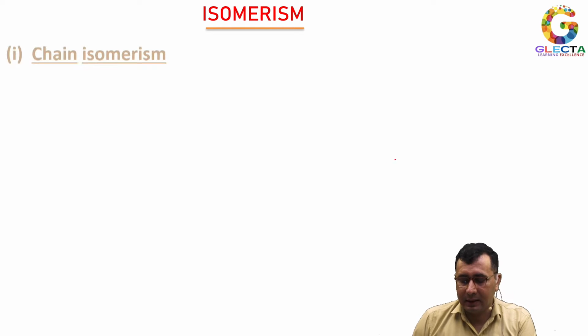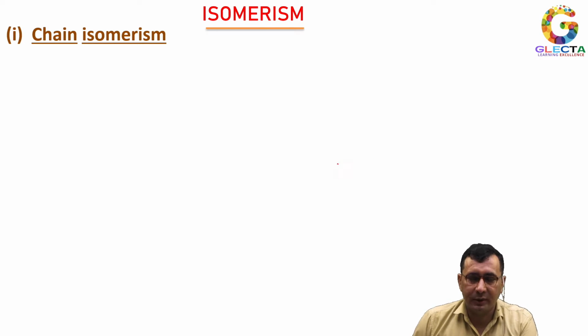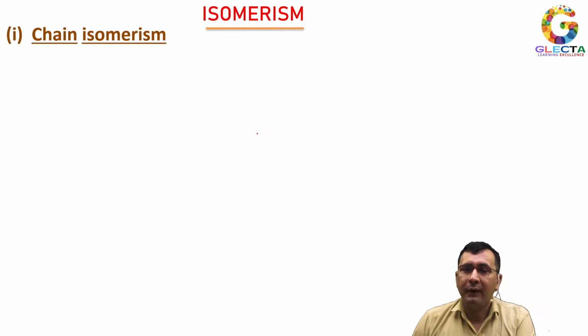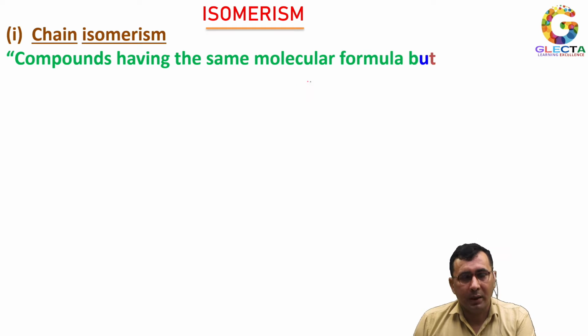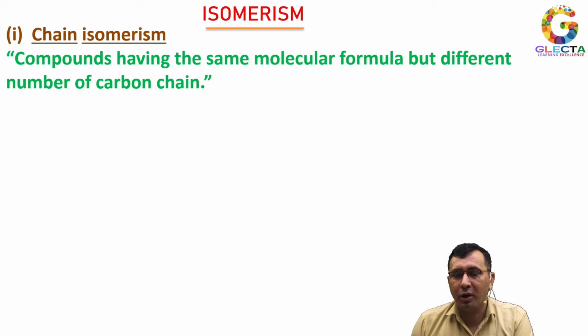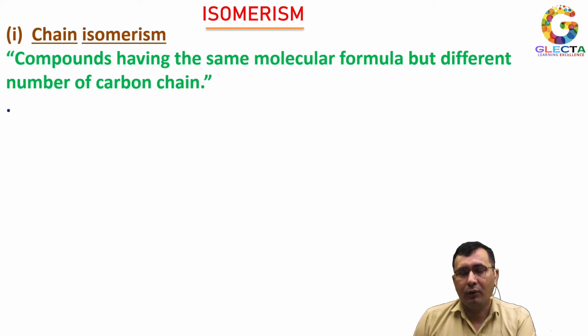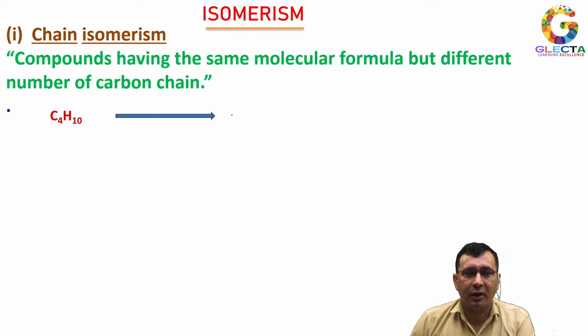Now let us discuss chain isomerism. Compounds having the same molecular formula but the number of carbons in the chain is different. For example, C4H10 gives us butane. We can write the structure here, CH3, CH2, CH2, CH3.